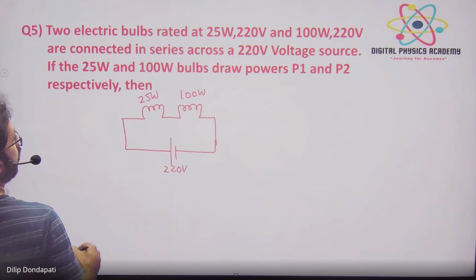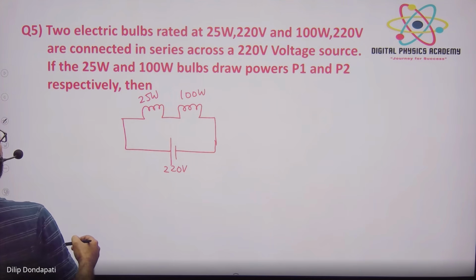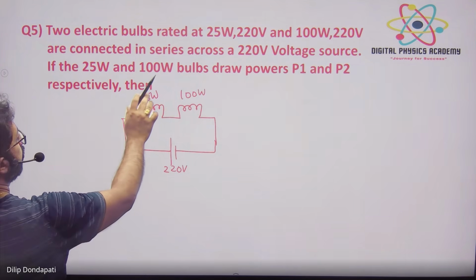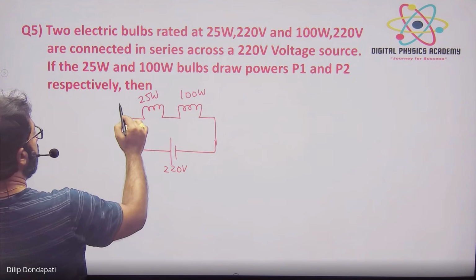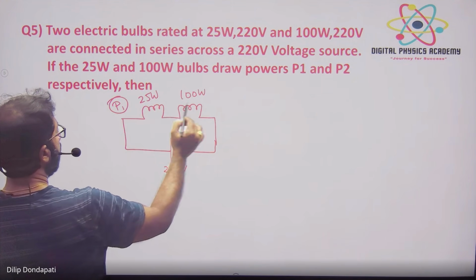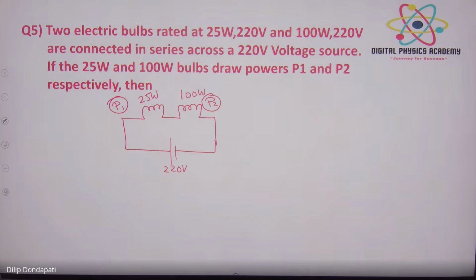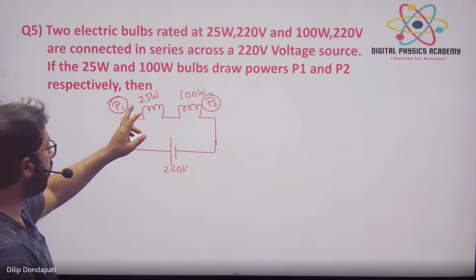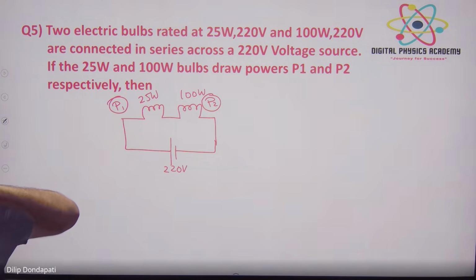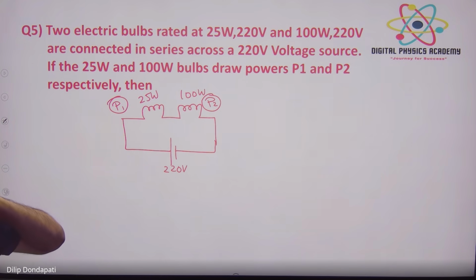Voltage 220 volts. If the 25 watts and 100 watts bulbs draw power P1, P2, then what is the value you're asking? Whether P1 will be 25 only, or changes?